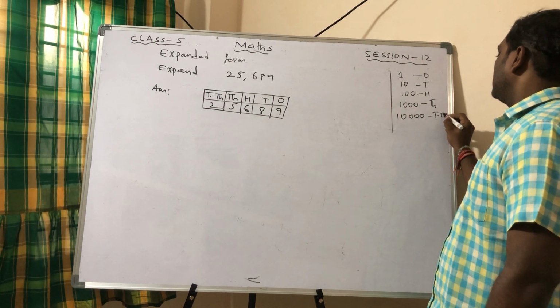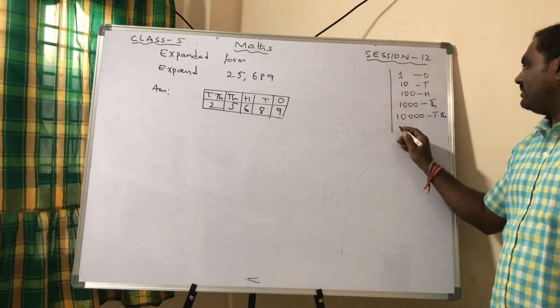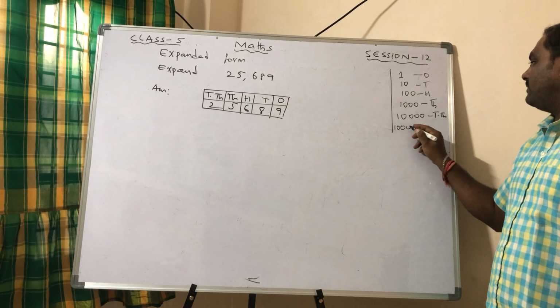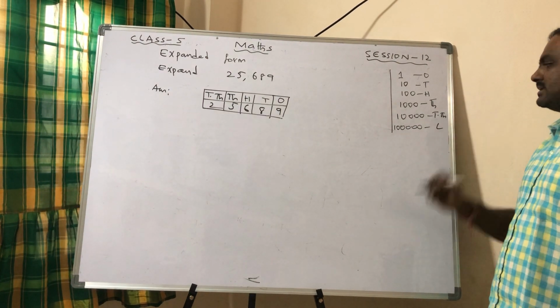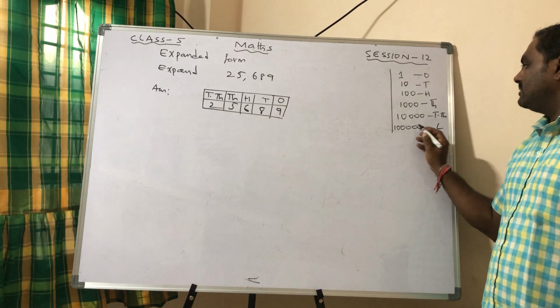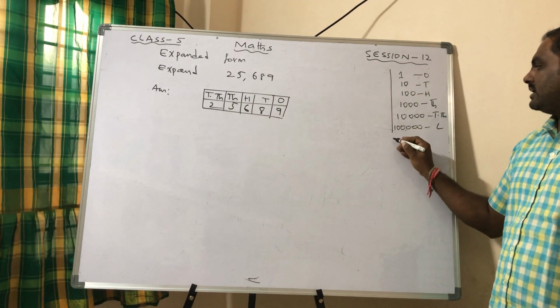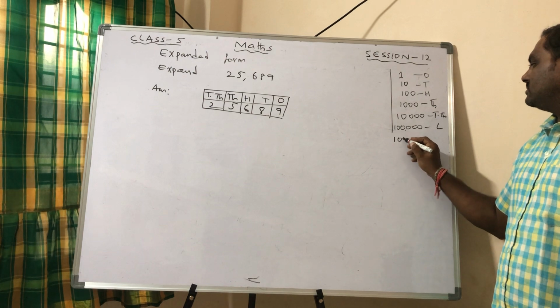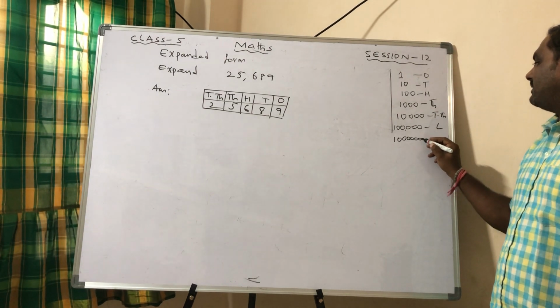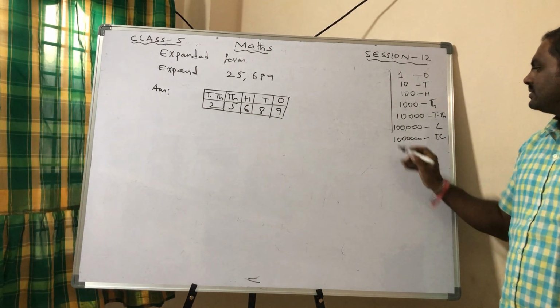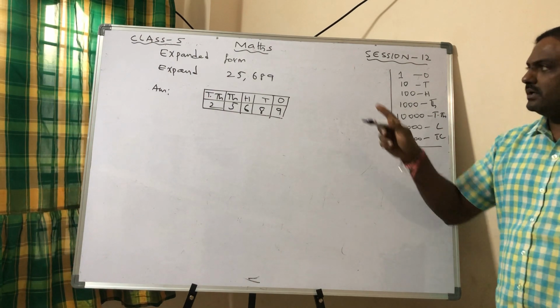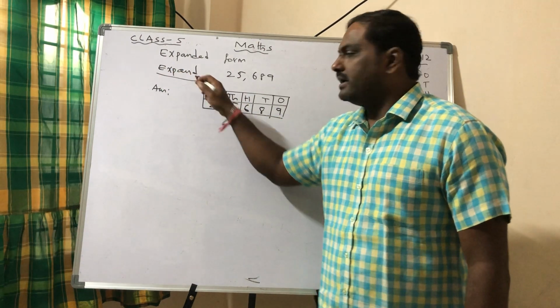It is 10,000. And for 1 lakh, you will have 1, 2, 3, 4, 5, 6. This is lakhs. And for 10 lakhs, you will get 7 digits: 1, 2, 3, 4, 5, 6, 7. This is 10 lakhs. So you have to remember this whenever you are writing the expanded form.